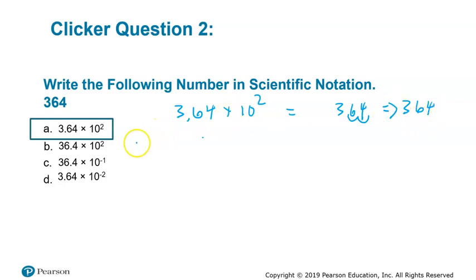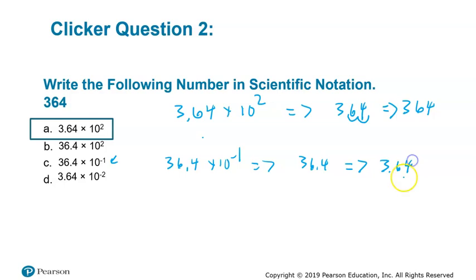If we take another one, for instance this one here, 36.4 times 10 to the negative 1. Well, what does that do for us? Well, that takes 36.4, and if it's negative 1, we move it the other way. So this would actually be equivalent to 3.64, which again is not what we're looking for. And the same sort of thing here.